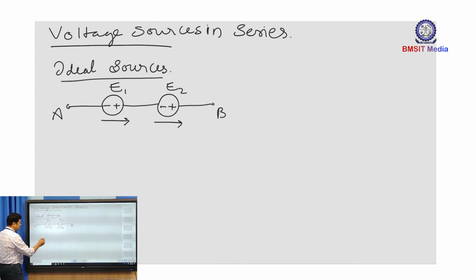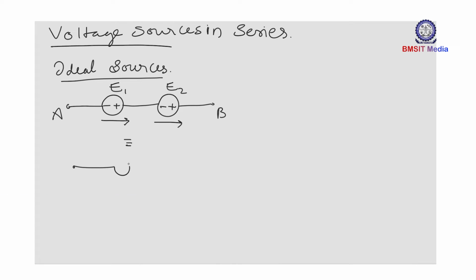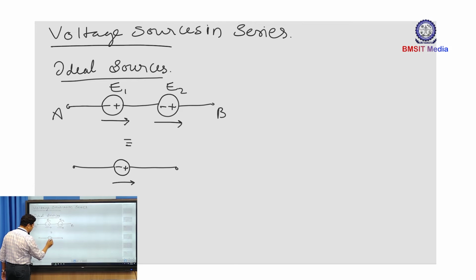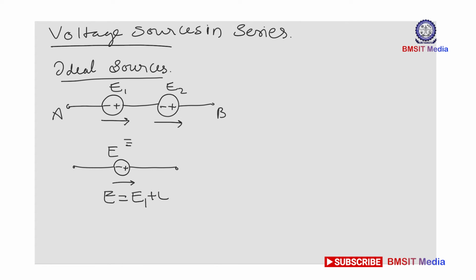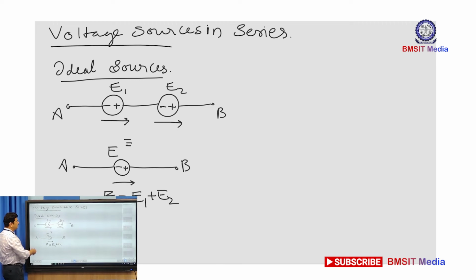As a result, equivalently I can take a single voltage source of the same polarity as E1 and E2, because both are in the same direction, with a voltage value E such that E equals E1 added with E2. This is the equivalent voltage source when two voltage sources are connected.